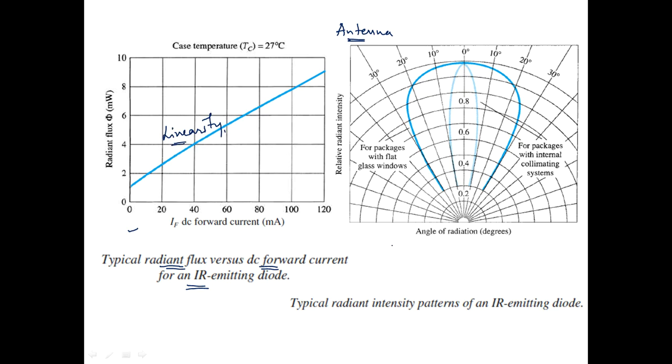And coming to the radiation intensity pattern of an IR emitting diode, you can observe that it's some kind of a parabolic representation. You will be learning about how to represent the radiation patterns whenever you take up a course on antennas, especially in your third year or maybe fourth year. So for now we'll just skip these things.